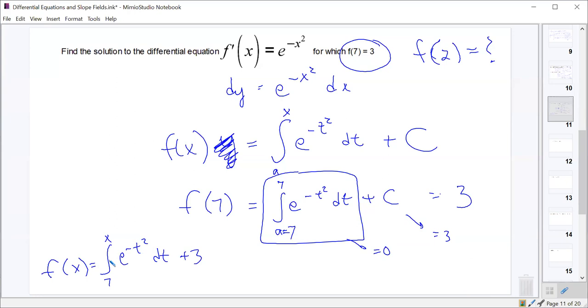So we should be able to approximate the value to a very high degree of accuracy for f of 2, or f of 17, or f of a million, or f of negative pi, or whatever you want it to be, by just using a bunch of little subintervals, right? And our calculator will do it for us. Does that make sense to everybody or no?